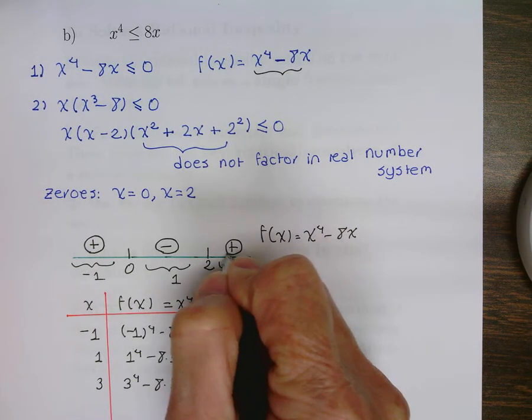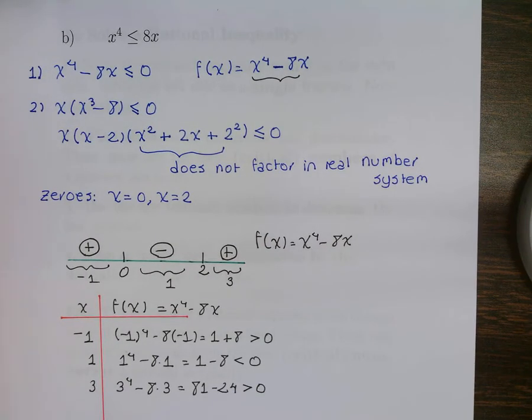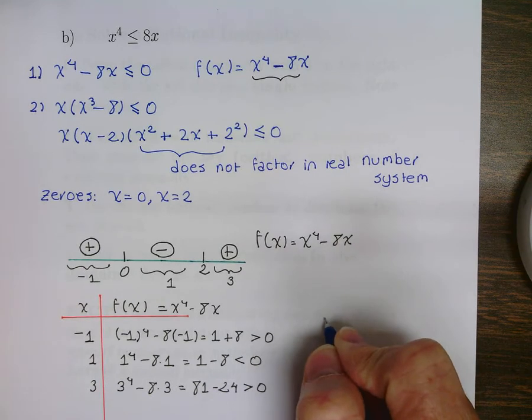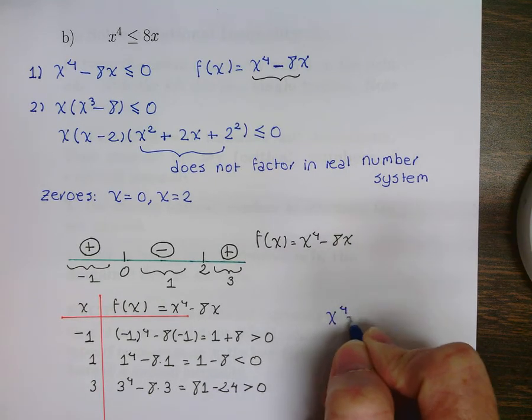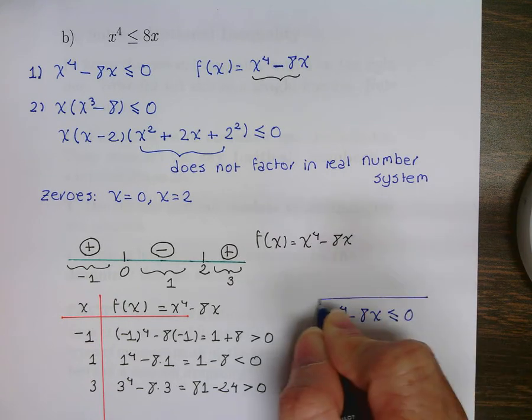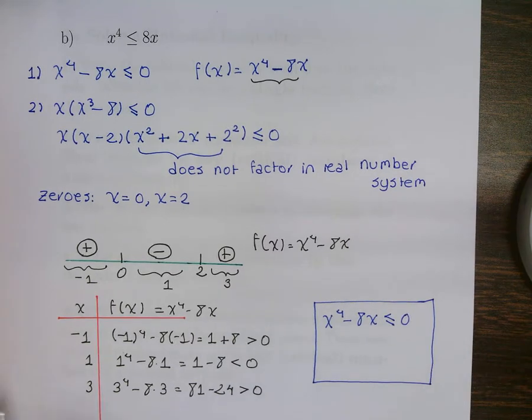Now notice that unlike graphing, I don't actually work out the values. I just want to know if they're positive or negative. Okay, I have that information, and so I can answer our question. Remember what we want to do. We want to set f of x to be less than or equal to 0. Okay, and so I look at my number line.